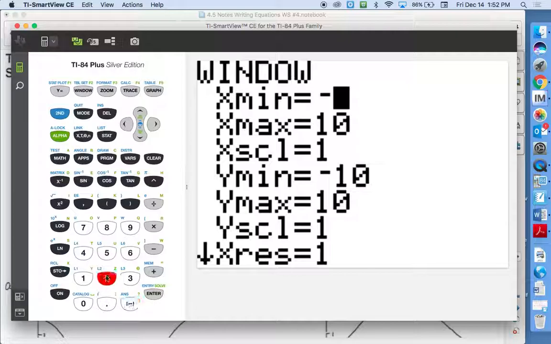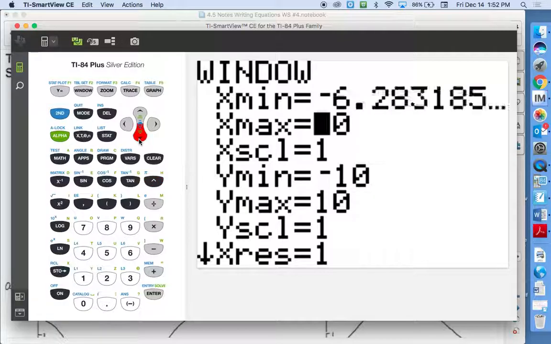So we're going to make this negative 2 pi, and the max for x is going to be positive 2 pi. And again, that's just going off the directions. They said find x values between negative 2 pi and positive 2 pi, so we're going to restrict the graph to that location.